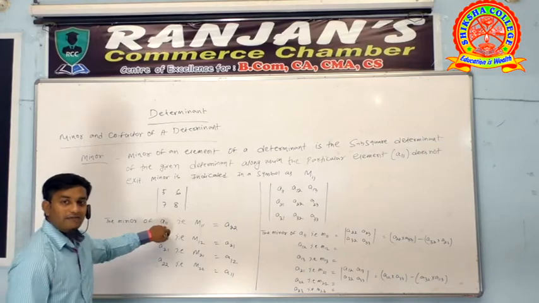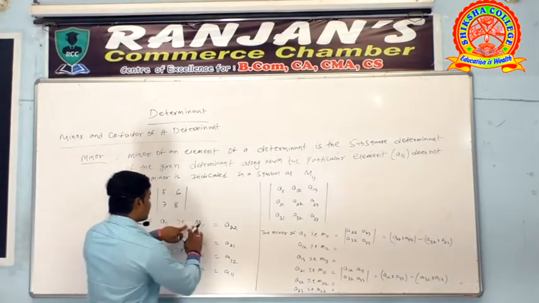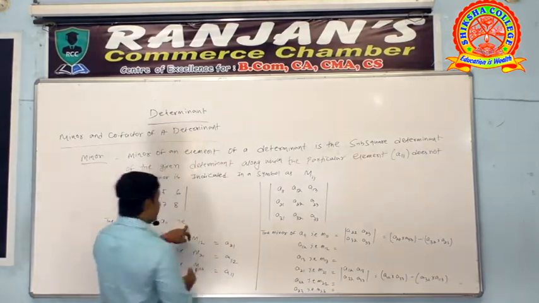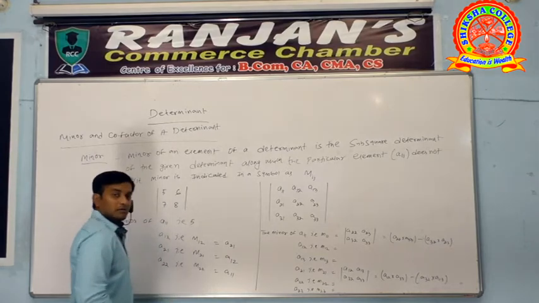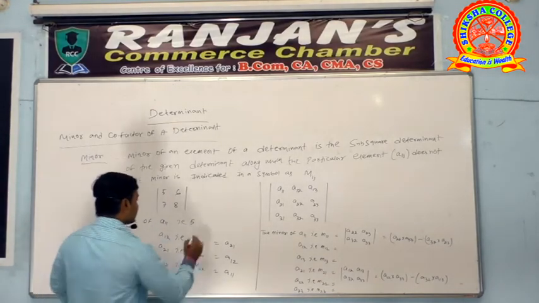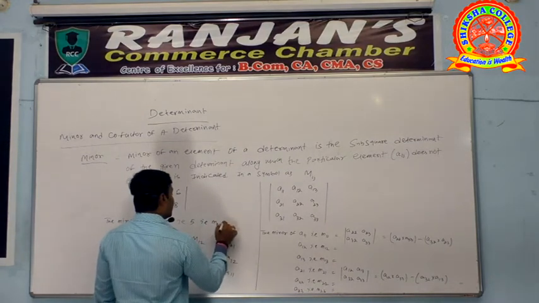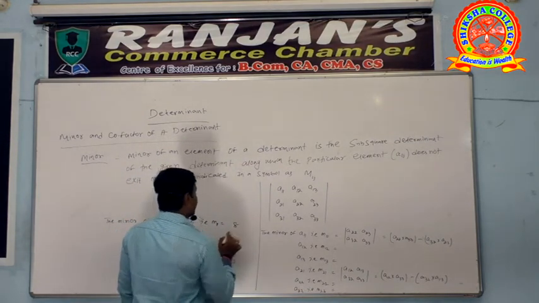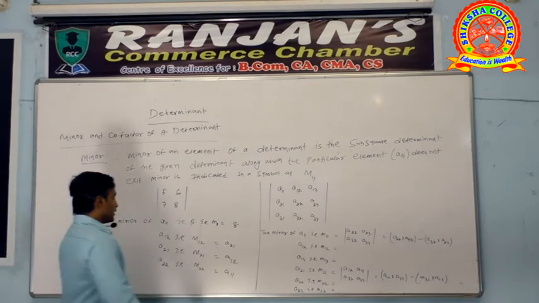The minor of A11 means A11 is 5, so M11 is equal to 8. Opposite, simple.